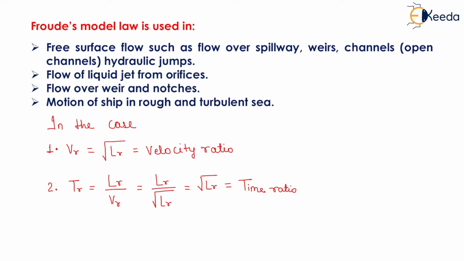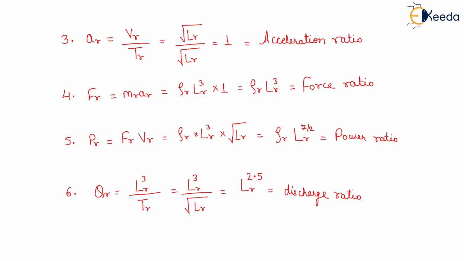Now in this case, Vr will be equal to under root of Lr, that is the velocity ratio, and Tr will be equal to Lr upon Vr, which will be equal to under root of Lr, that is the time ratio. Now Ar will be equal to Vr upon Tr, that is under root of Lr upon under root of Lr, equal to 1, the acceleration ratio.